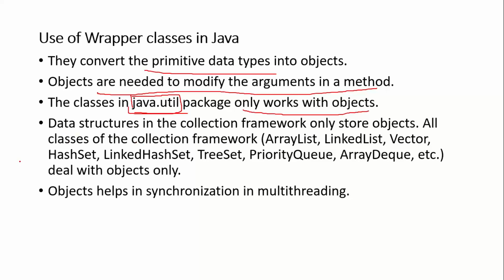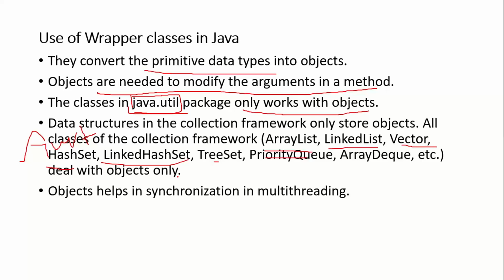And also the collections framework: data structures in the collection framework only store objects. They allow us to store data only in the form of objects. The classes in this collection framework, such as ArrayList, LinkedList, Vector, HashSet, LinkedHashSet, TreeSet, PriorityQueue, ArrayDeque, etc., all require the data to be passed only in the form of objects.